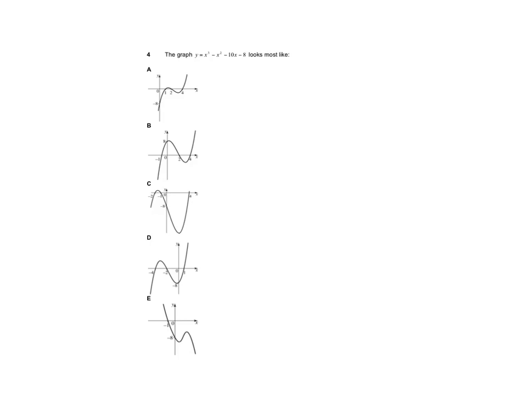All right, so the next one here, we've got the graph of y equal to x cubed minus x squared minus 10x minus 8. Again, if you put that into your calculator, you will be able to see. Now, there's a few ways you could do this.